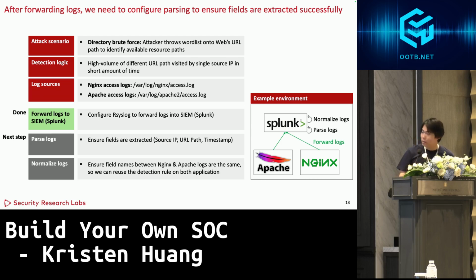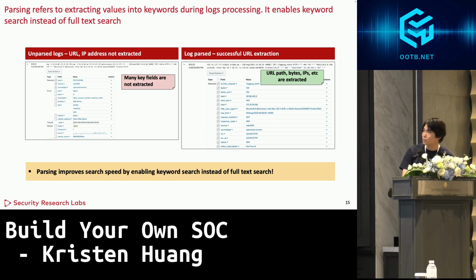So back to our settings. If we want to protect our Apache and Nginx servers, now that we have forwarded the logs, the next step is to parse the logs, and I'll explain what I mean by parsing. Parsing refers to extracting the fields in the logs and indexing them.